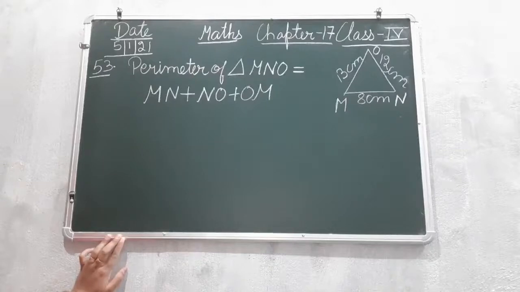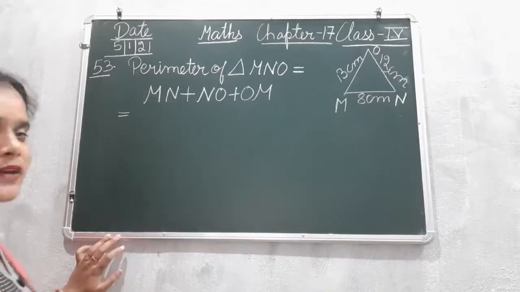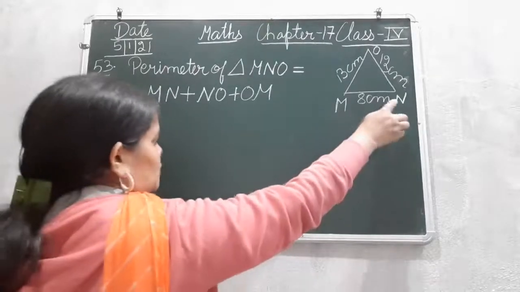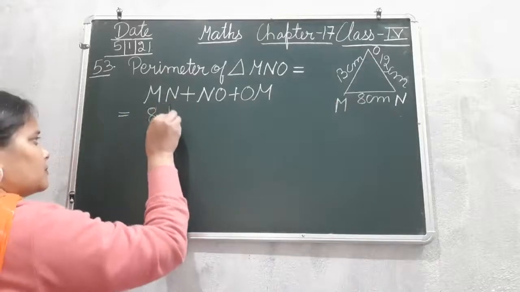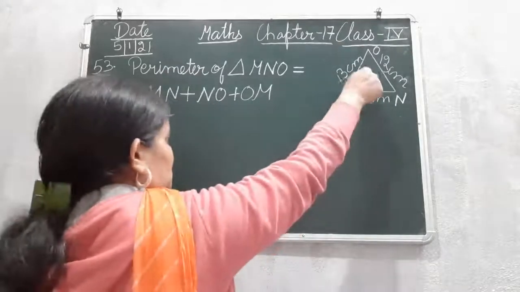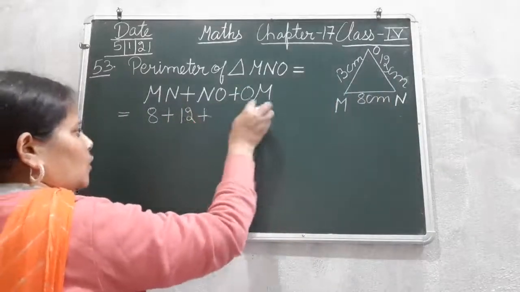So next we are going to write the measurements of this given triangle. So iski measurements kya hai? First of all, we are going to write MN. So what is the measurement of MN? MN is 8 centimeter plus NO. NO is 12 centimeter plus OM.